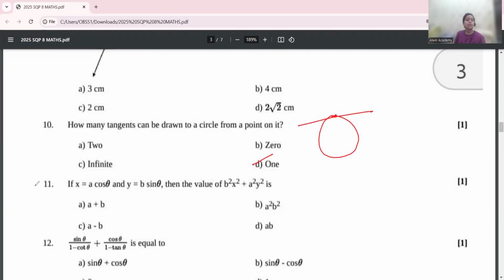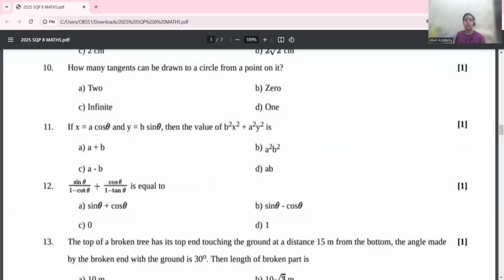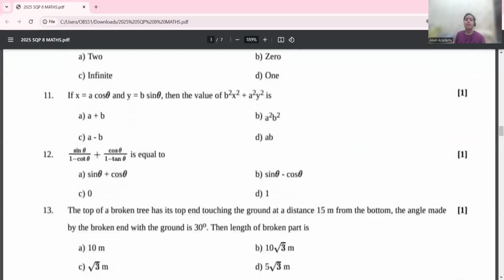Going to the next question, if x is equal to a cos theta and y is b sin theta, then the value of b square x plus a square y is. I'll simply substitute the values here into this expression. For the first term, we'll have b square, a square, cos square theta. And when we substitute in the second term, we have a square, b square, sine square theta.